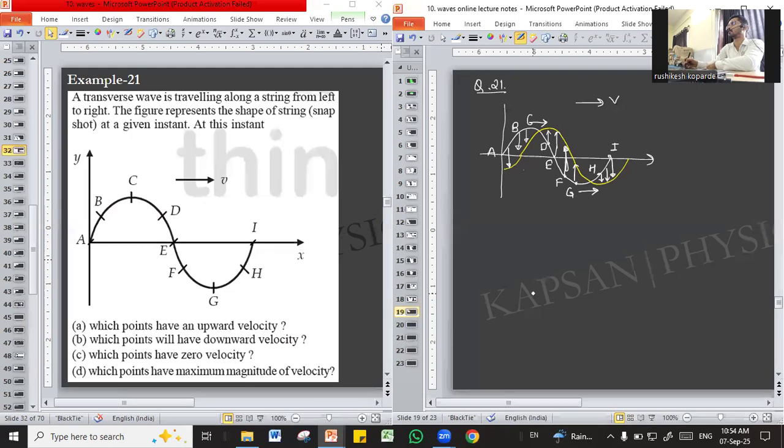Which points have upward velocity? D, E, F. A. A is at the mean position, and at the next moment it will move down.